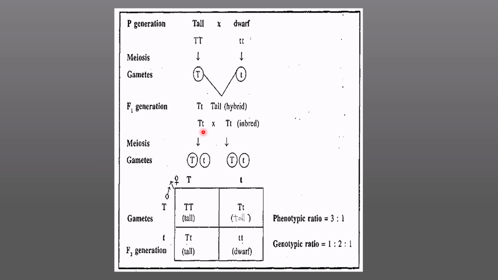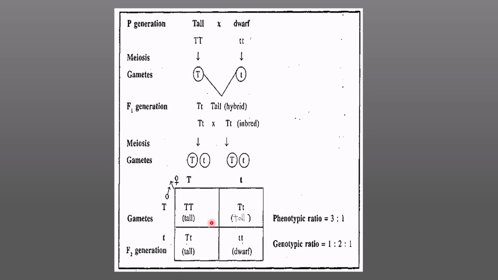And then this is self-crossing the F1 hybrids, so they act as F2 parents. This is the gamete formation again, and this is the F2 generation offspring, which we represent by using a Punnett square.